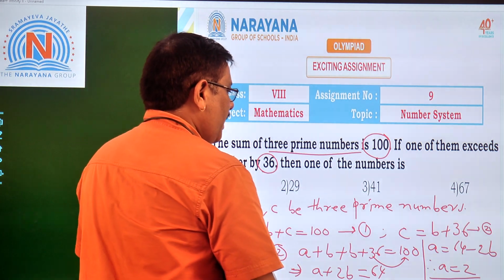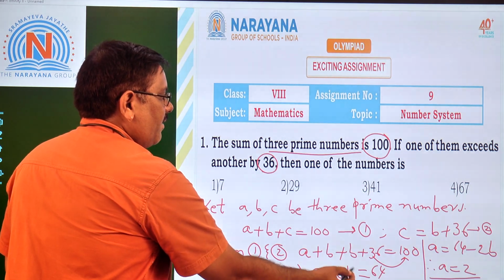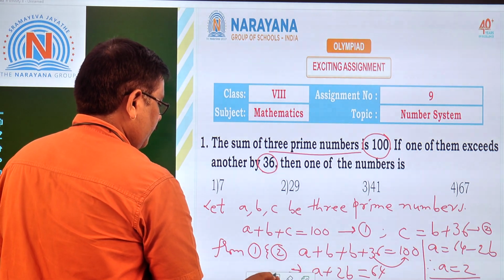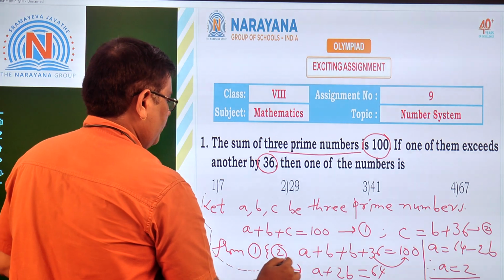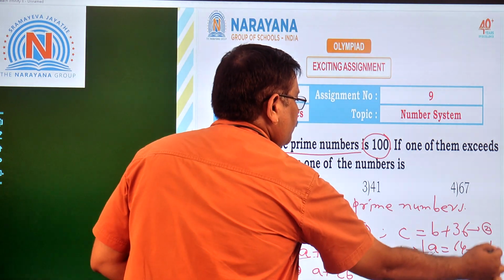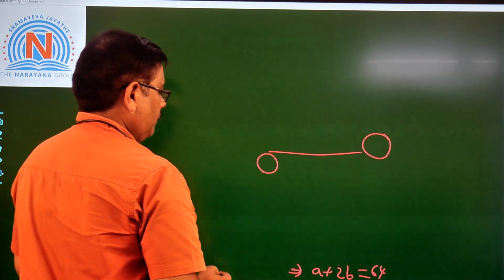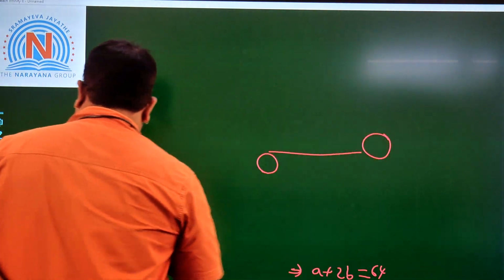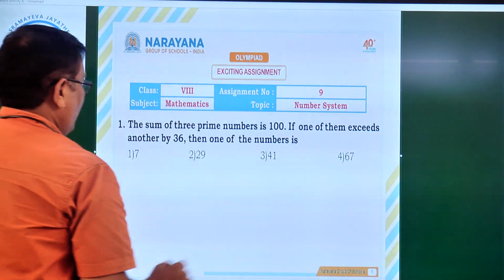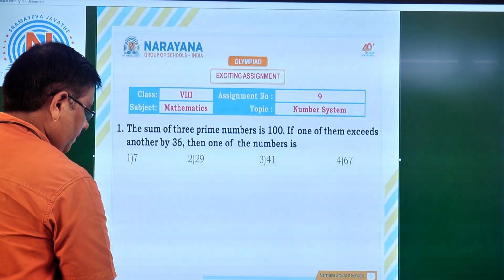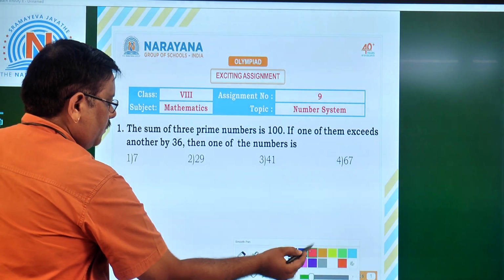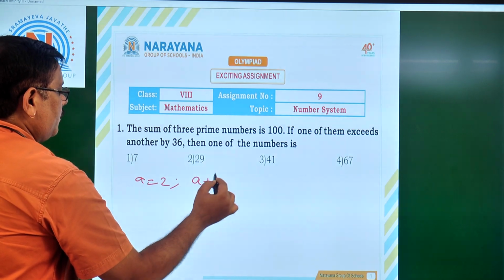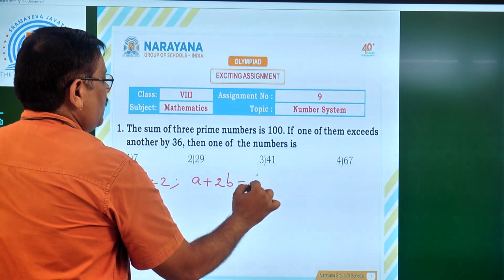Now, based on A is equal to 2, using this condition, we can get the value of B. Now, we have A is equal to 2, and also A plus 2B is equal to 64.